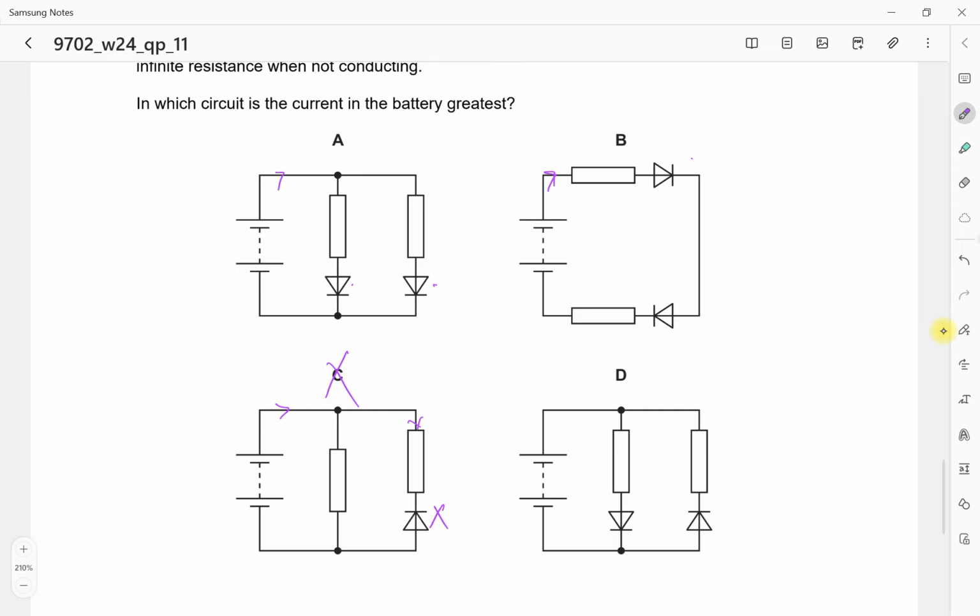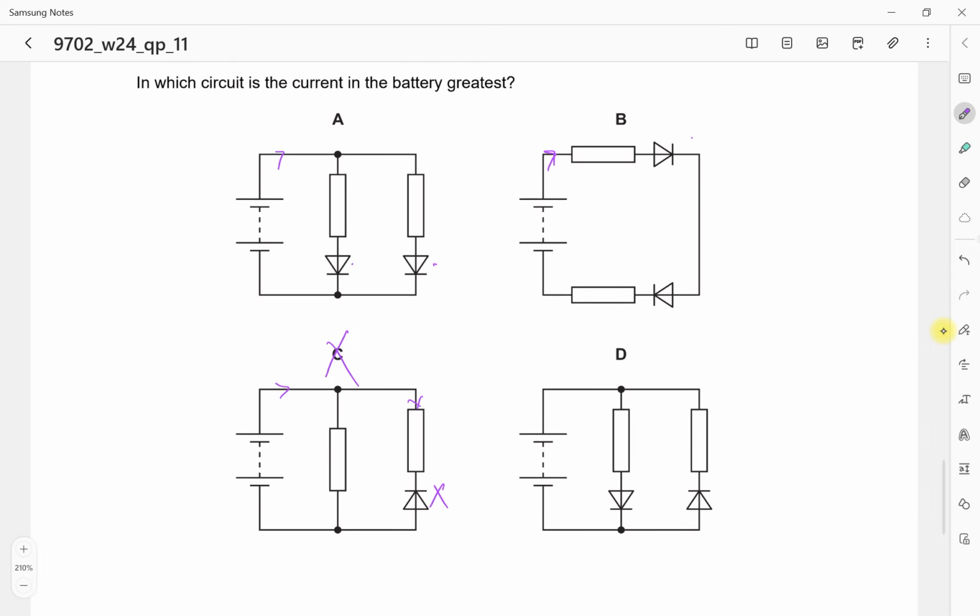In which circuit is the current in the battery greatest? If the diode is not conducting, then in the second case also, this diode will not be conducting.